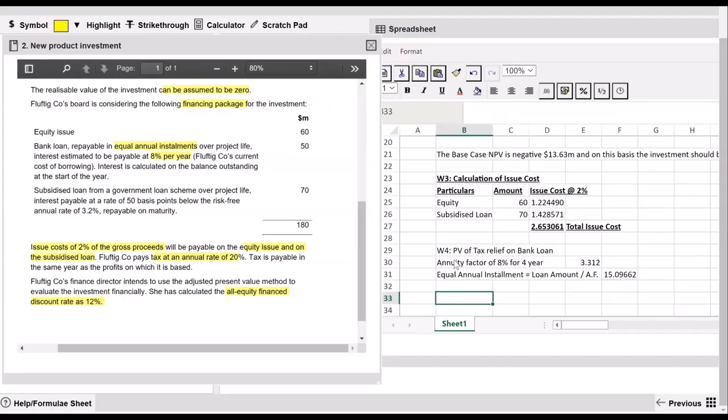Using that, across how many years is it repayable? Across 4 years.